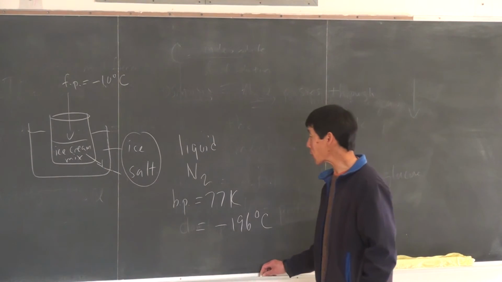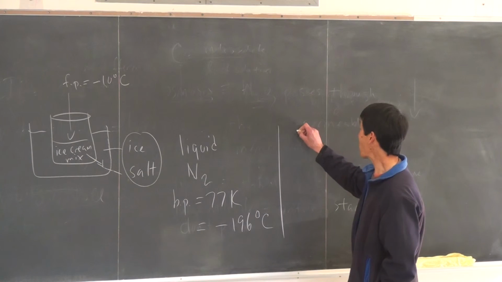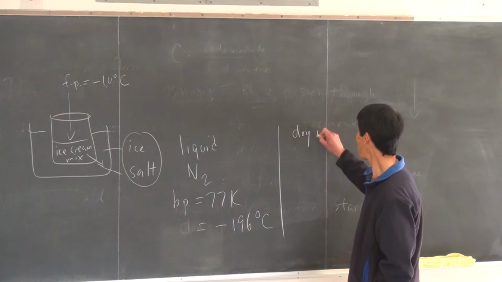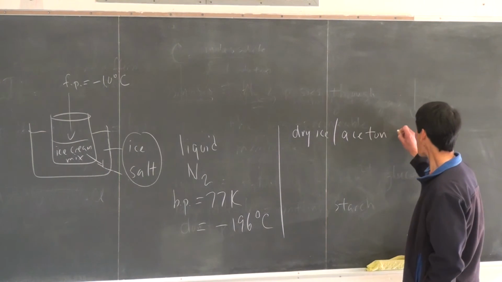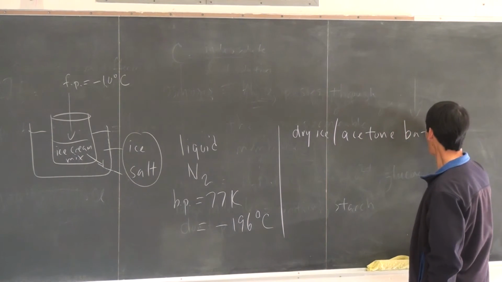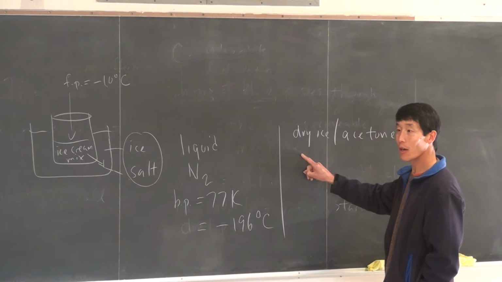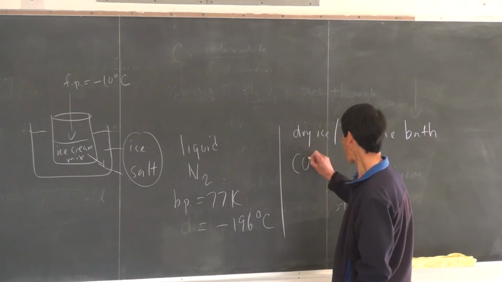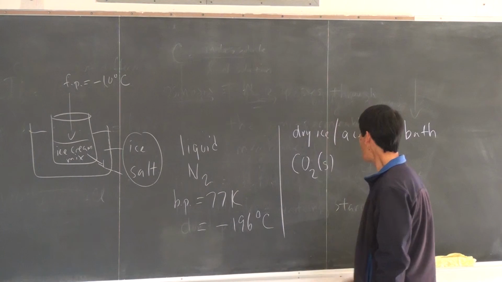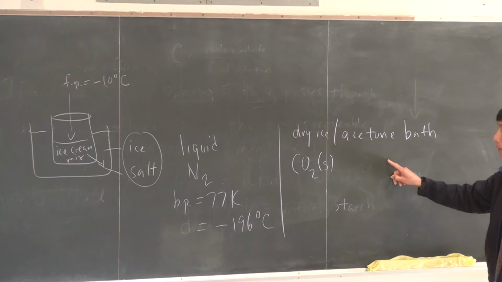And another way to do this, if you want another kind of bath, is to use a dry ice acetone bath. Dry ice is another name for solid CO2, and acetone is a common organic solvent.